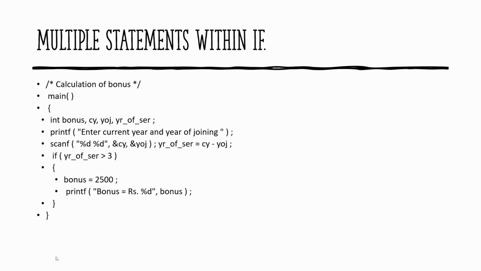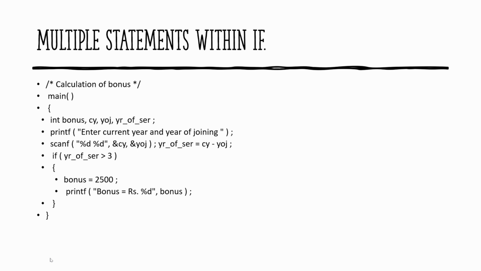And here the condition comes, right? The years of seniority is calculated as given in this arithmetic expression, and the result of this arithmetic expression is checked in the condition. If that result is greater than 3, then the bonus is 2500, right?